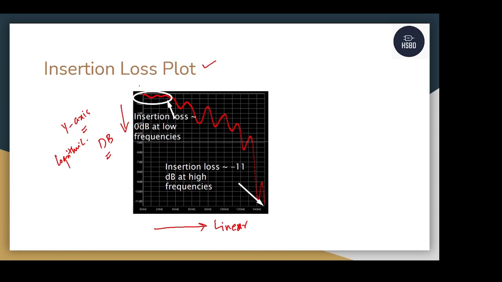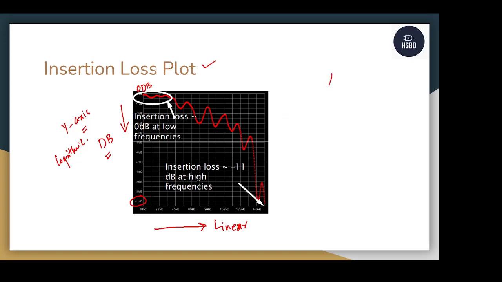As you can see, the value starts from 0 dB and keeps deteriorating with respect to frequency. At 14 gigahertz, the insertion loss is around minus 12 dB.